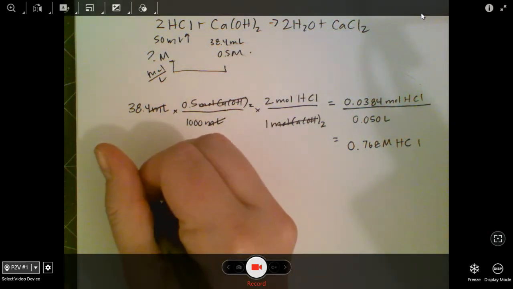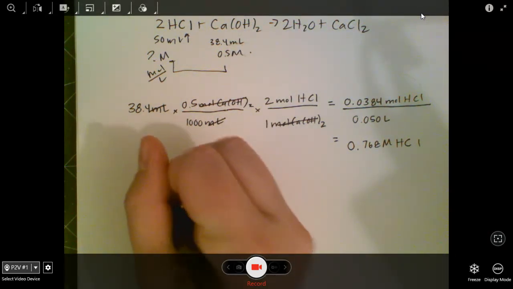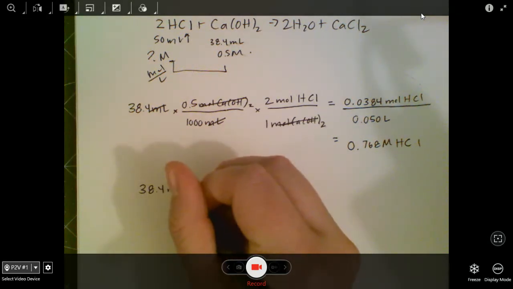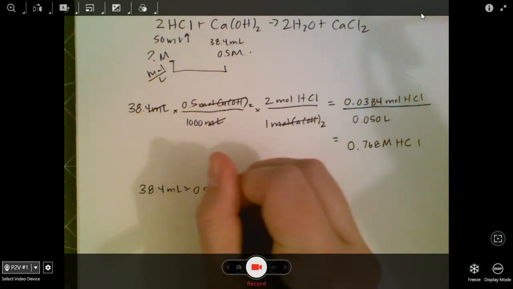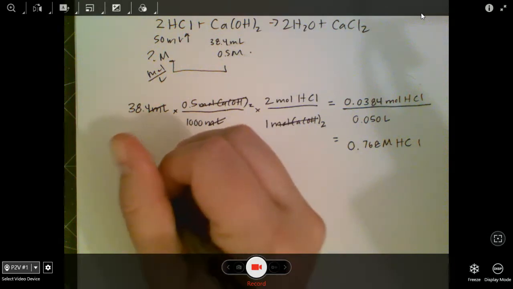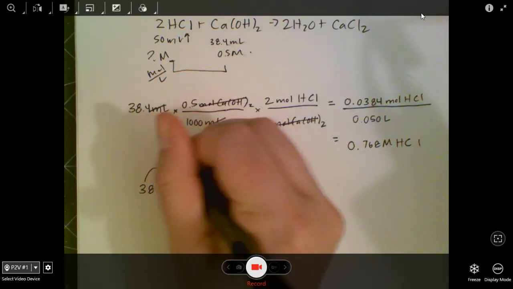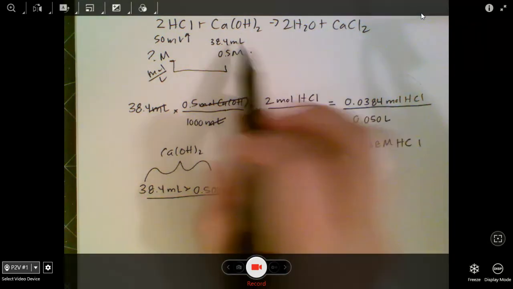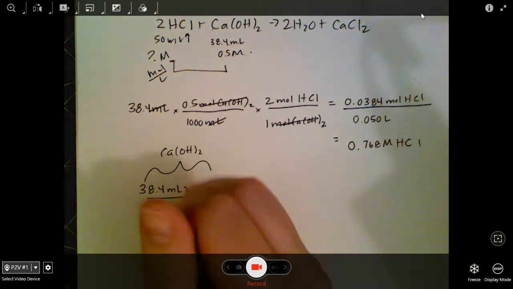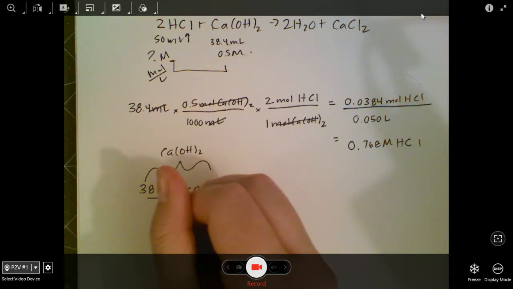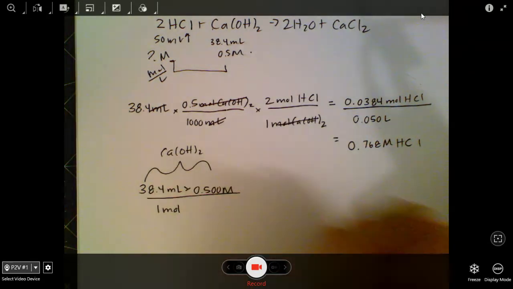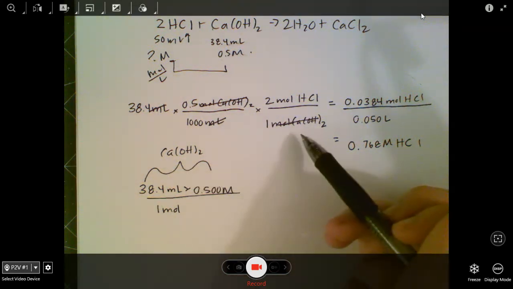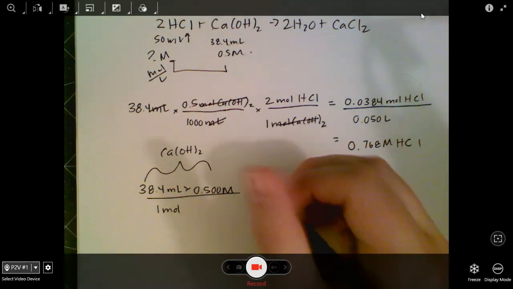I have 38.4 milliliters times 0.5 molar, and this is all for my calcium hydroxide. Now, the N1 comes from the coefficient in front. My calcium hydroxide has a 1, so I'm going to put 1 mole of the calcium hydroxide here. The units aren't super important in this. In the stoichiometry, they are. In this one, not so much.